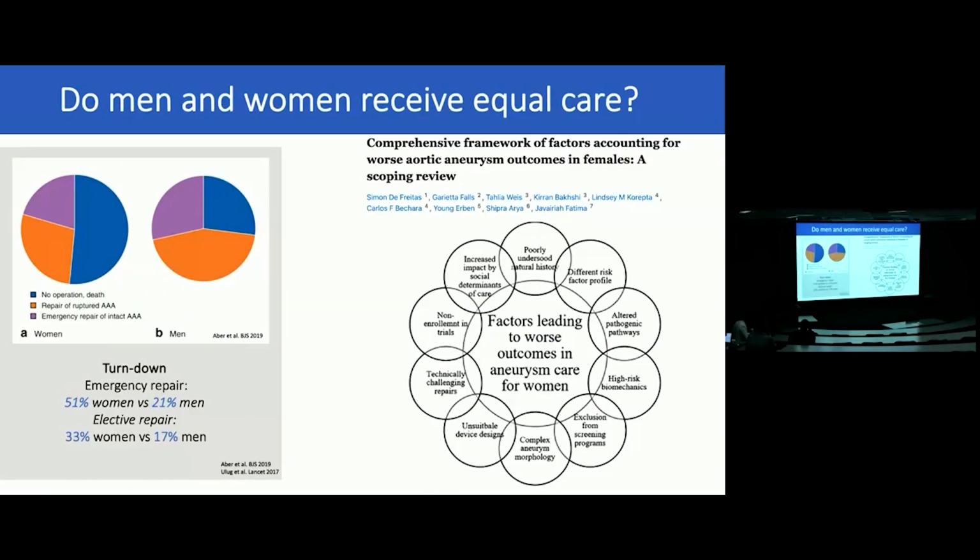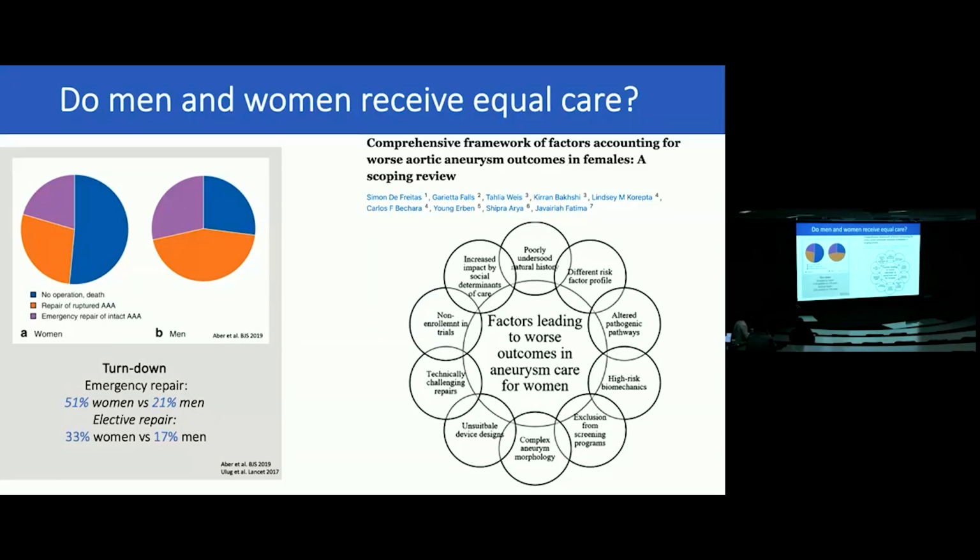A group of interested investigators did a comprehensive evaluation of frameworks, and there's not only the choice of therapy, but also a poorly understood natural history. Women are usually older at the time of diagnosis. The device studies used to develop endovascular devices have mostly tested them on men. We don't know if they are as efficacious in women.